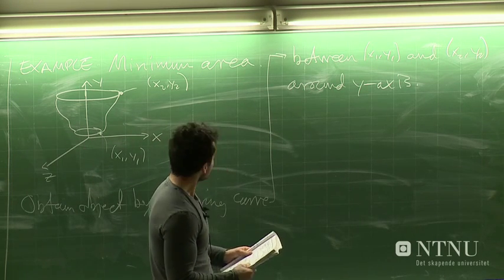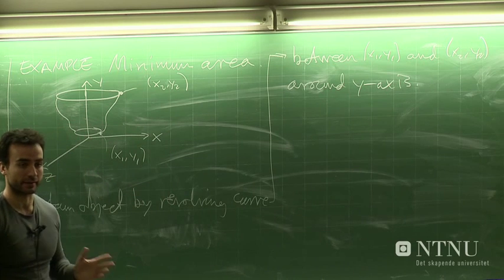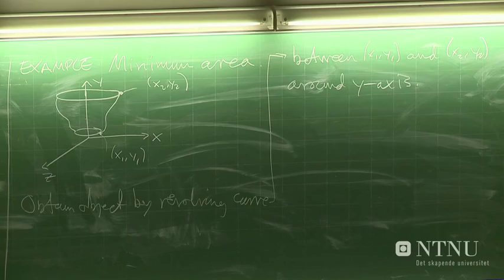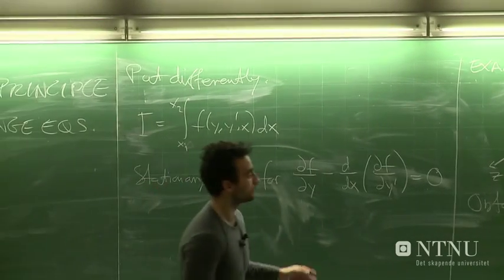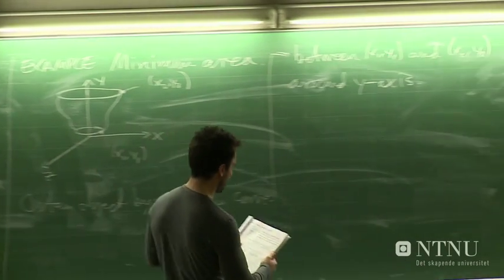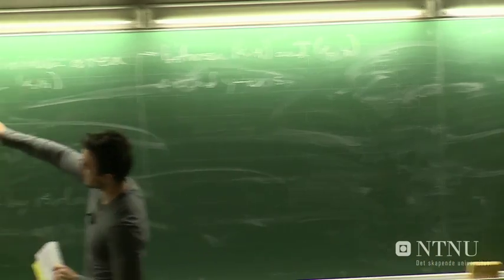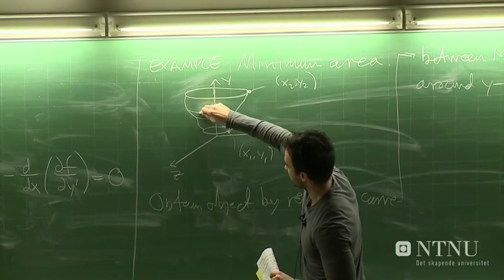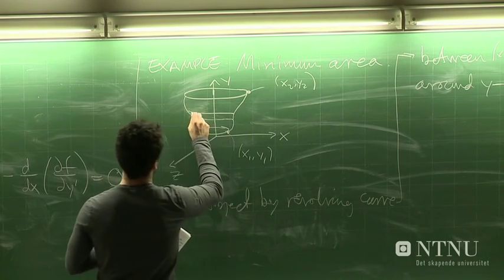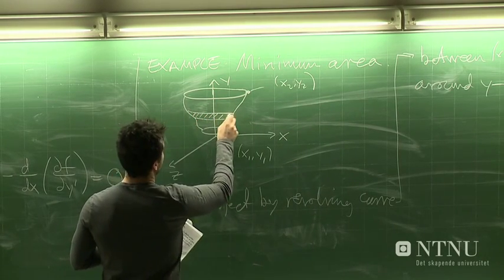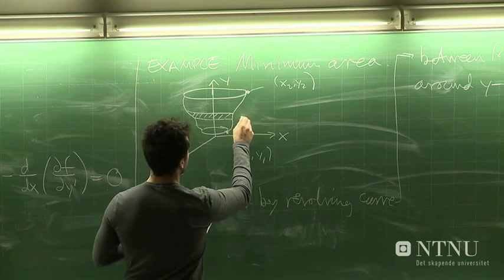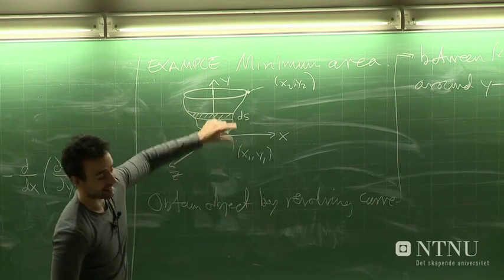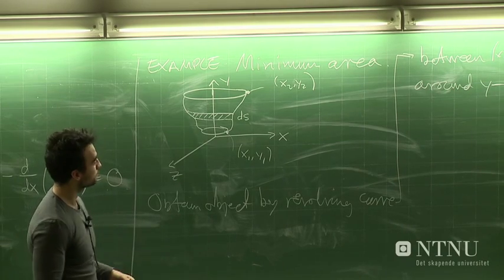Okay, so how do we go about to find the curve which gives the minimum area? Well, we can actually use the Euler-Lagrange equations. Imagine we take just a segment here of the object, and the width here is ds. It's just an infinitesimal width.